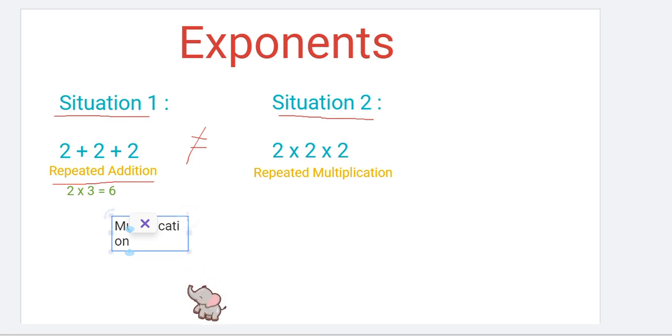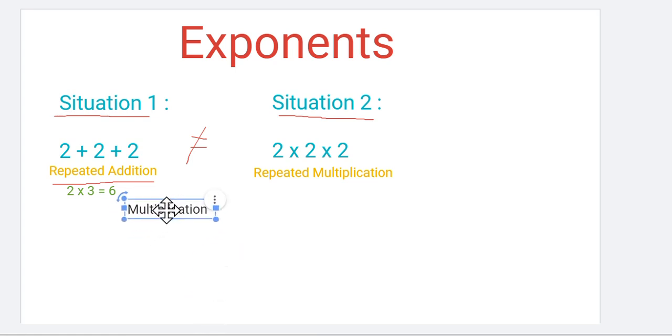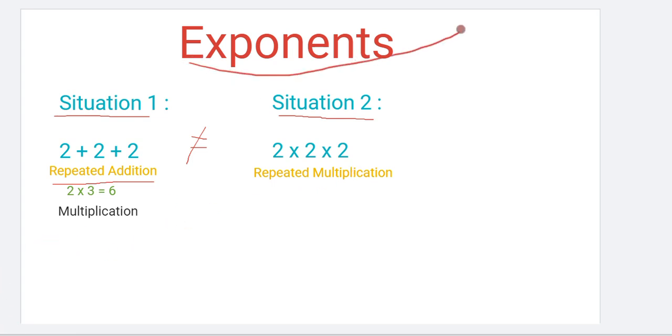Okay, this is also known as multiplication. But repeated multiplication is not known as multiplication. It is known as exponent. Now this is where the rule of exponents comes. Instead of writing 2 times 3 over here, we write 2 to the power 3.